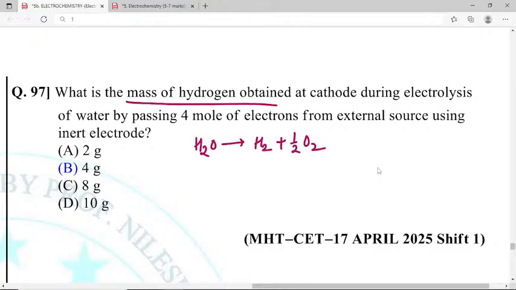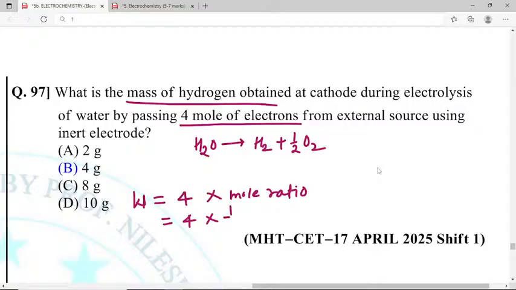So what is the mass of hydrogen for 4 mole electrons? W of hydrogen is equal to 4 moles of electrons into the mole ratio of hydrogen. So 4 multiplied by mole ratio 1 by 1. So what is the answer? 4. So 4 gram.